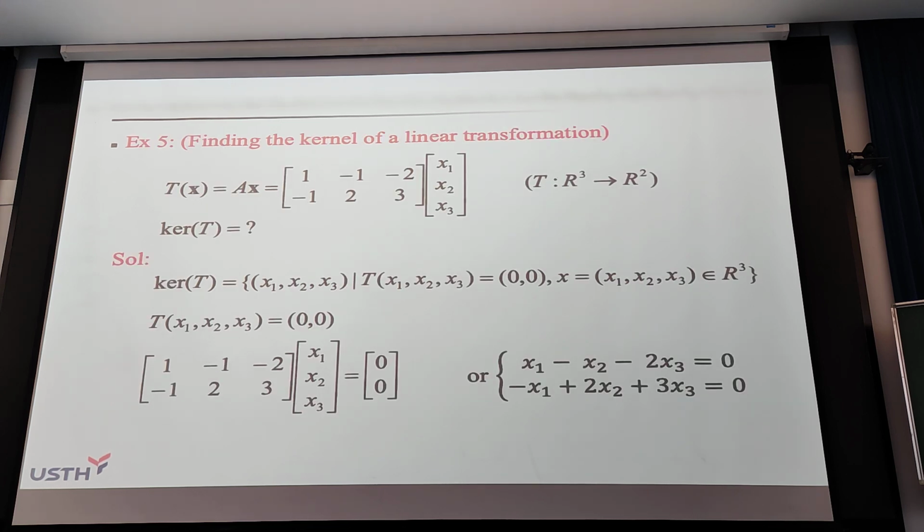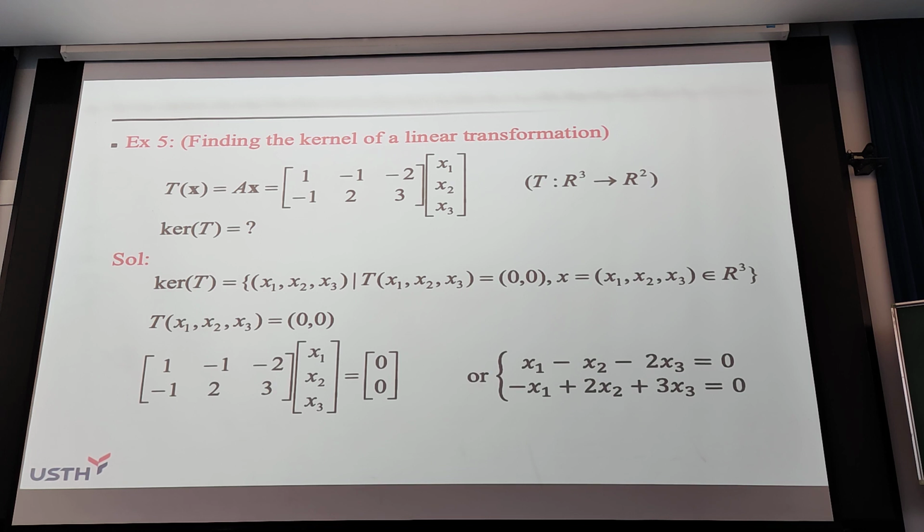I tell you, the kernel of a linear transformation, the name is new, but the notion is not new. Why is that? Because if you consider the case where T(x) is given by a matrix A like that, and you are required to find the kernel of T, then the kernel of T will be that one. And if you look at that, the kernel of T is exactly the solution space of a homogeneous system of linear equations like that.